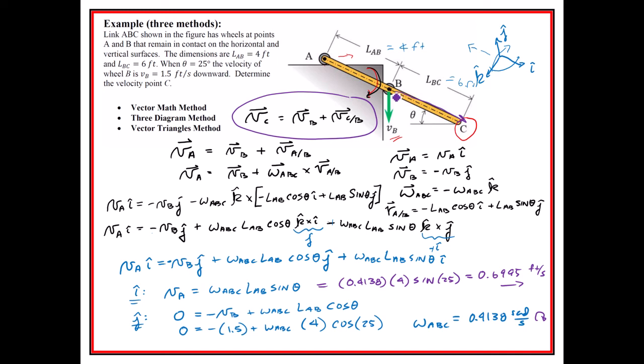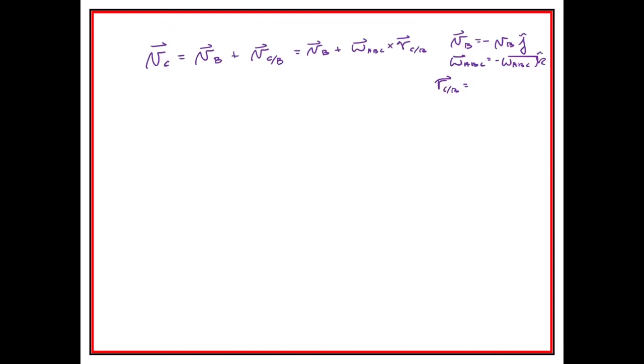But it's going to be negative L_BC times the sine of theta for the J. So that's L_BC cosine theta I minus L_BC sine theta J.